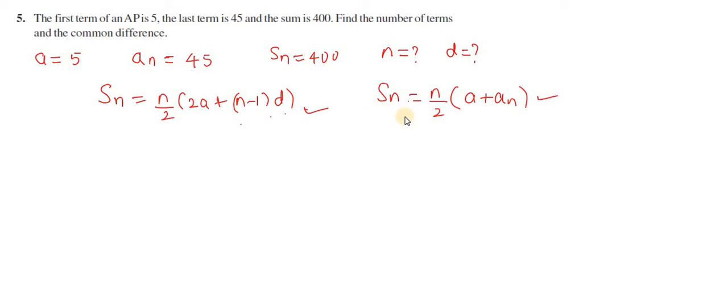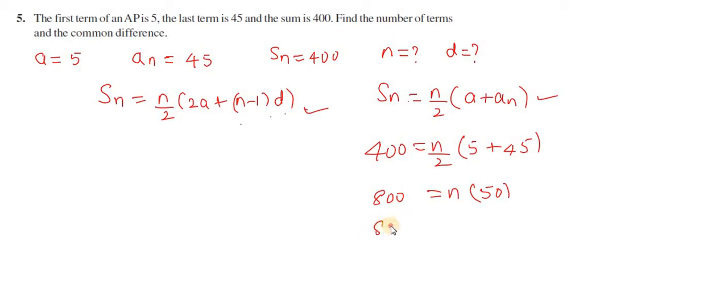Okay, now Sn is 400, which equals n by 2 into a value 5 plus an value 45. Now simplify. I can take here 800 equals n into 45 plus 5, which is 50.